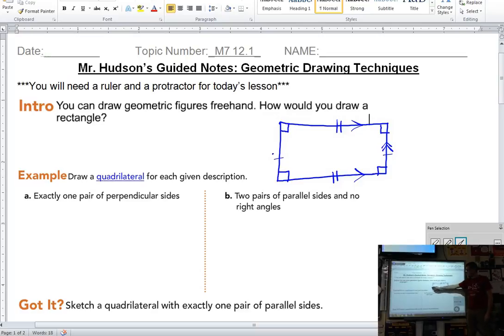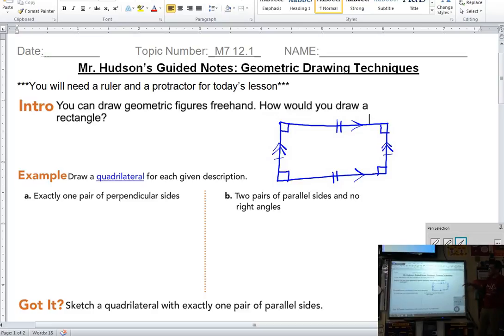Two arrows will say that these are going to continue forever and would never touch. This is now technically a rectangle. Yay. Up until that point, we didn't have all the information to show that it is exactly a rectangle. Now, if these are all right angles, the parallel has to happen. So we've been a little bit redundant here, but that's okay because we want to be as specific as possible.